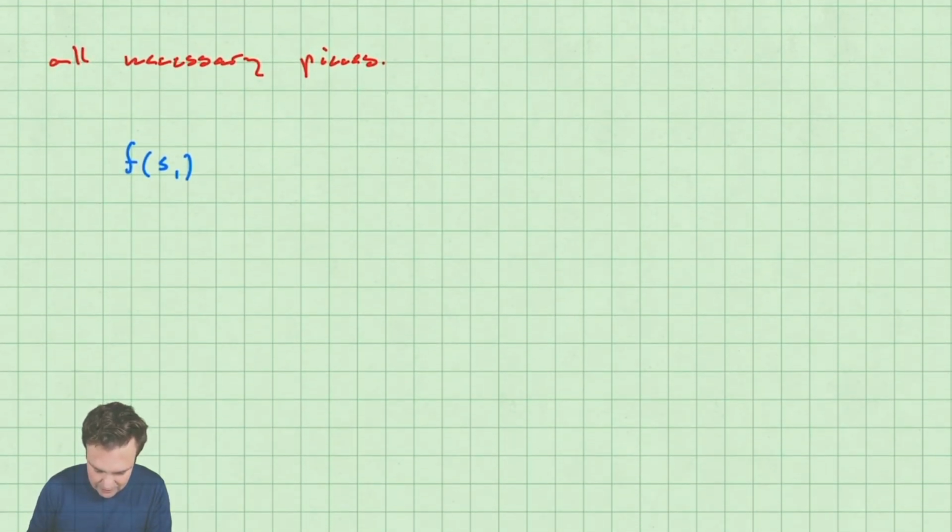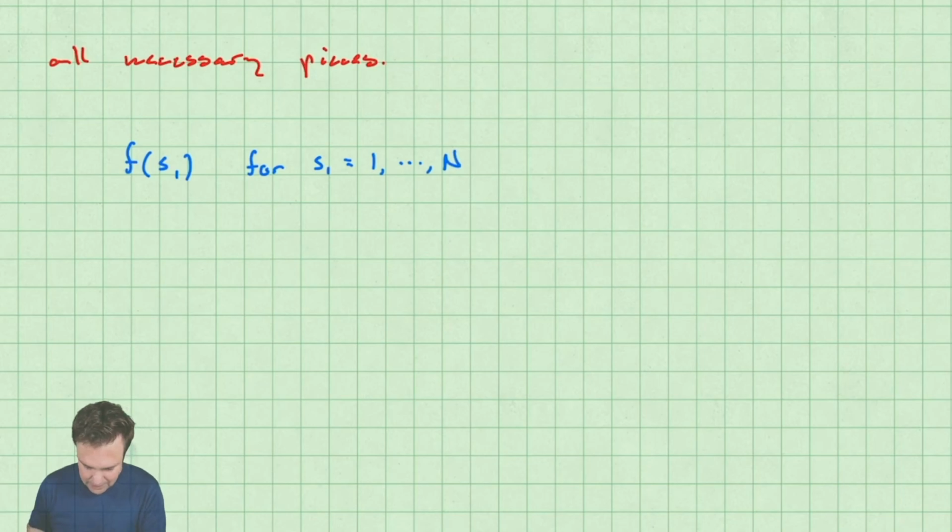But f of s1, you need this for s1 equaling 1 up to n, because there are n different values in the state space for the chain. In other words, you need the probability that S1 is equal to j for all j.